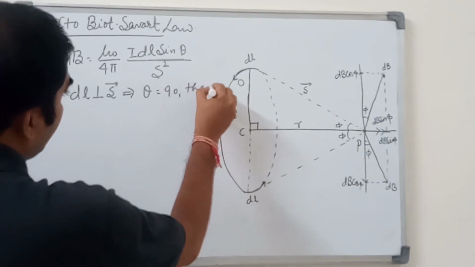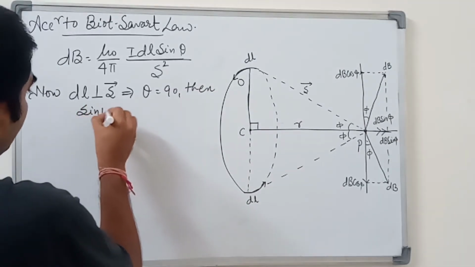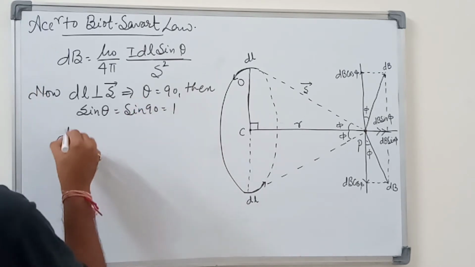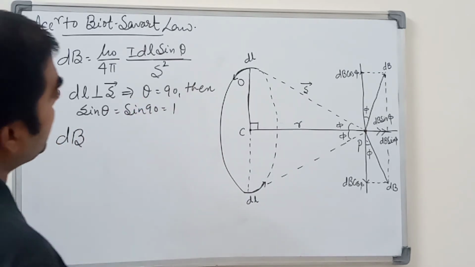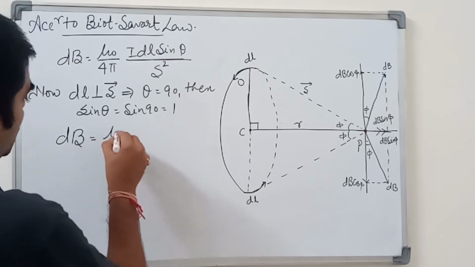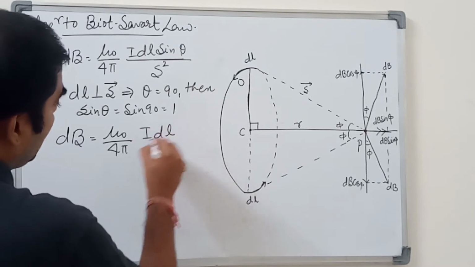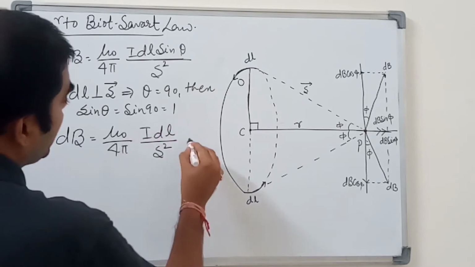Then sin 90 is equal to 1. So the maximum Biot-Savart value is mu 0 upon 4 pi, I dl upon s square.